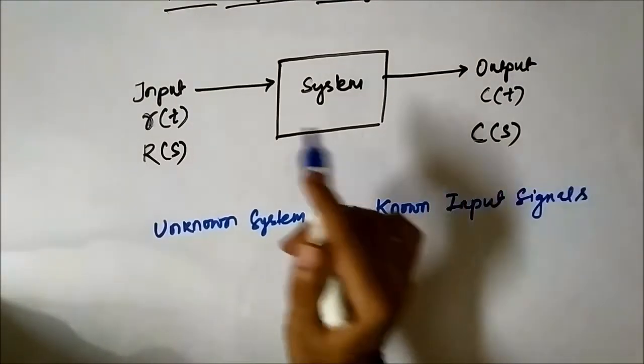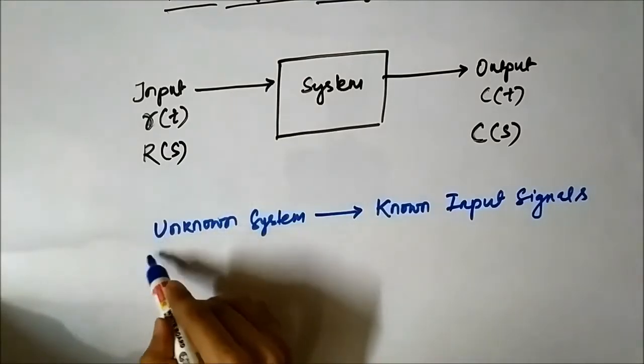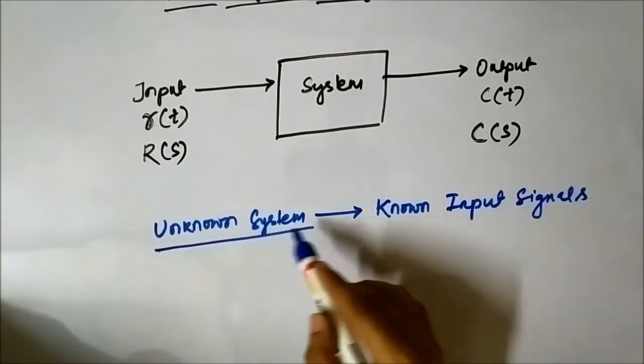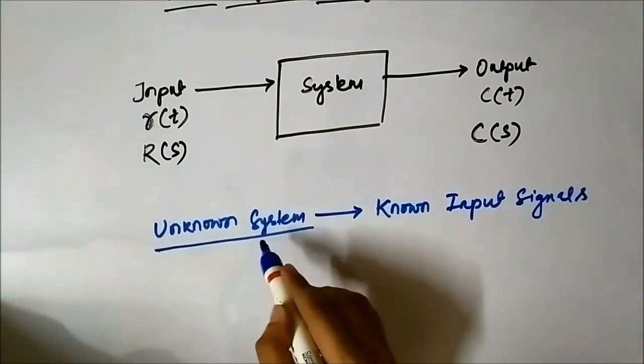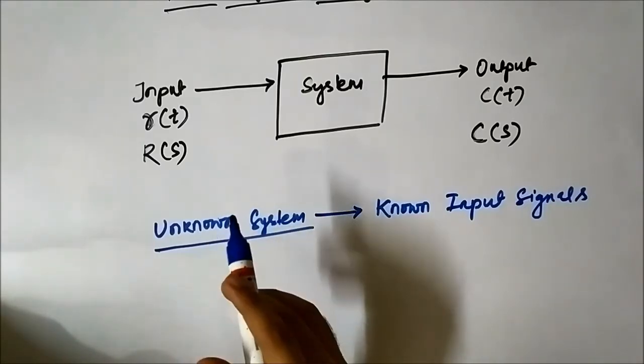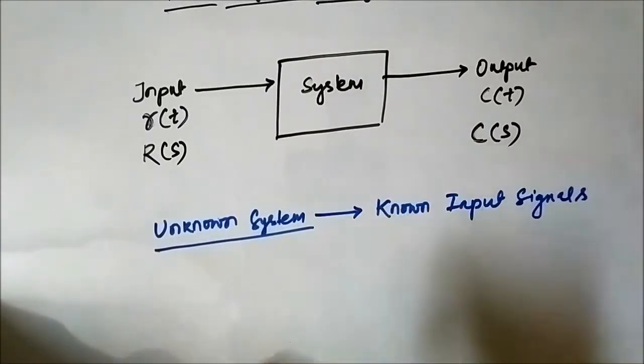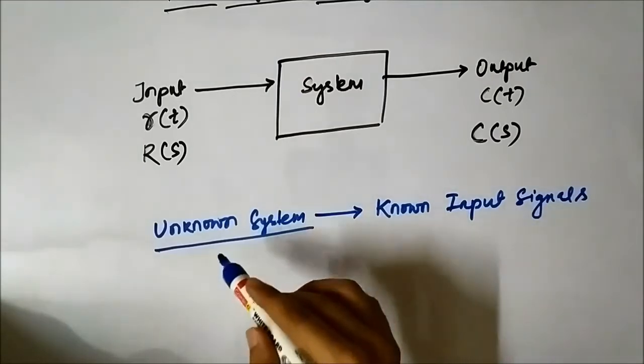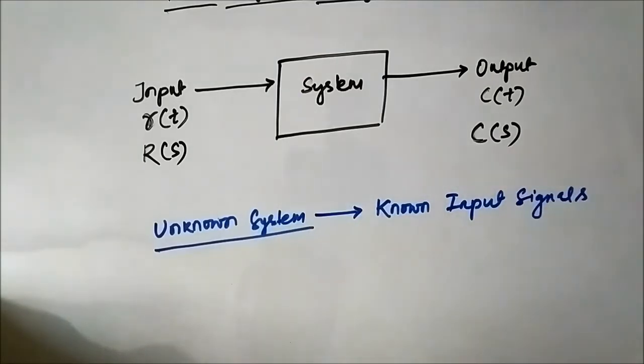Those input signals are given to this unknown system, and from the nature of variation of the output of this unknown system with respect to time, the characteristics of the system are determined.